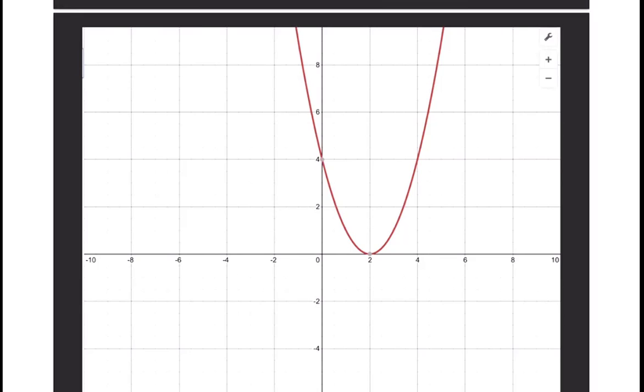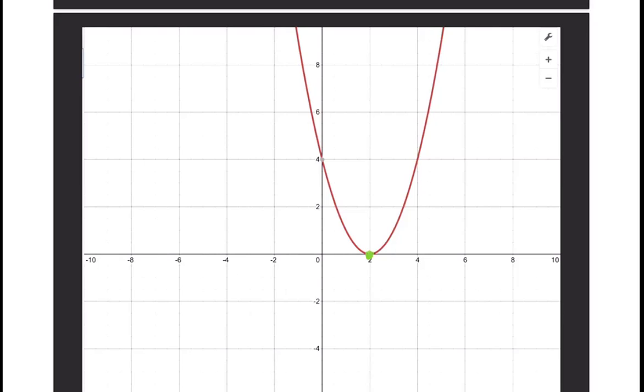Vertex is this spot down here, right? The vertex is what we refer to as a turning point. If you think of your graph, reading it like a book from left to right, if I start here, I'm going down, my values are getting less and less until I get to the vertex. And then once I get to the vertex, my values start to go back up, right?